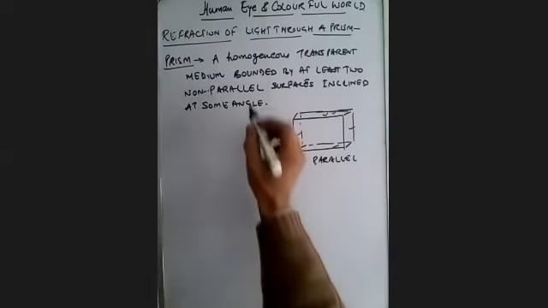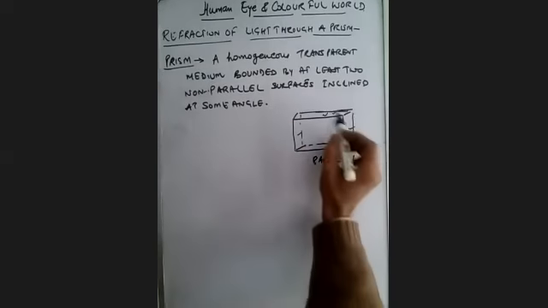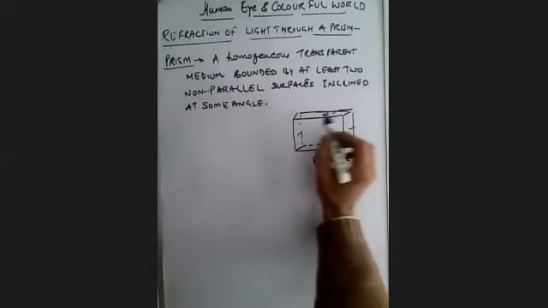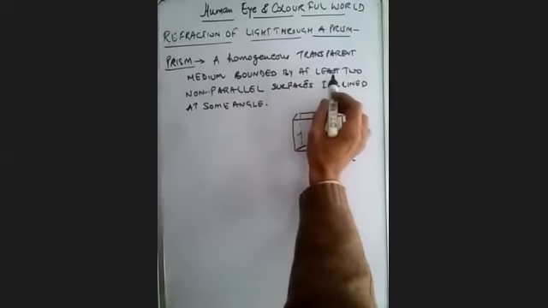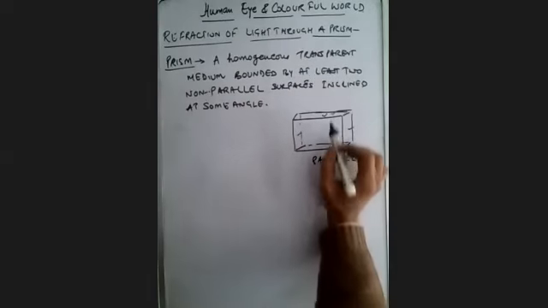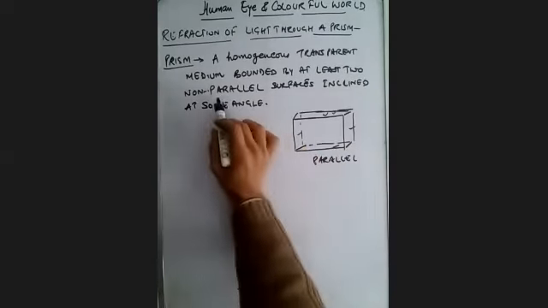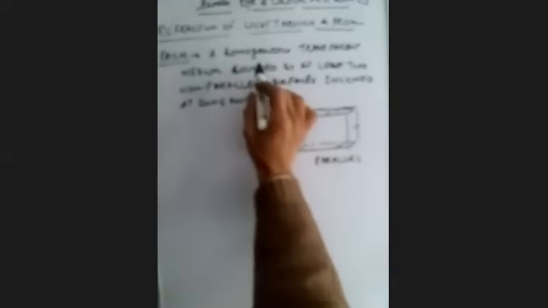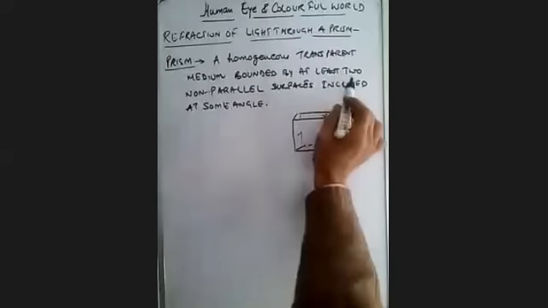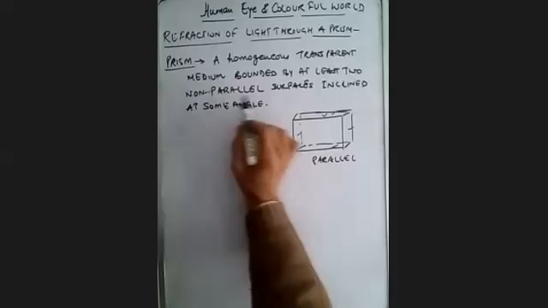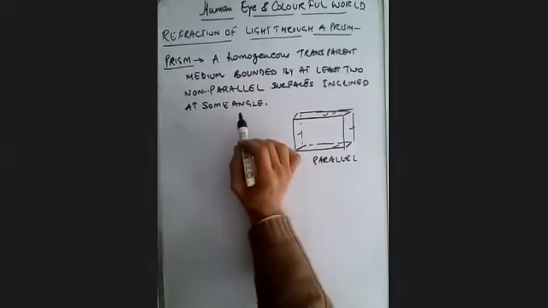This glass slab is a homogeneous transparent medium bounded by at least two parallel refracting surfaces, but a prism is again a homogeneous transparent medium bounded by surfaces inclined at some angle.